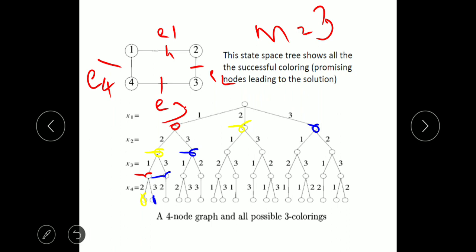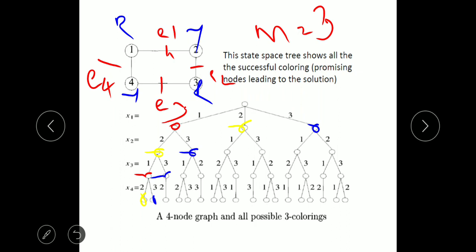So if you observe, vertex 1 is colored red, vertex 2 is colored yellow, vertex 3 is colored red, and vertex 4 is colored yellow. No two adjacent vertices are assigned the same color.